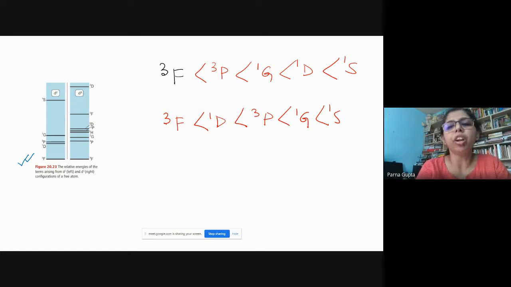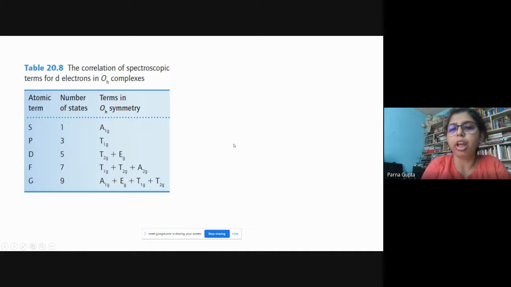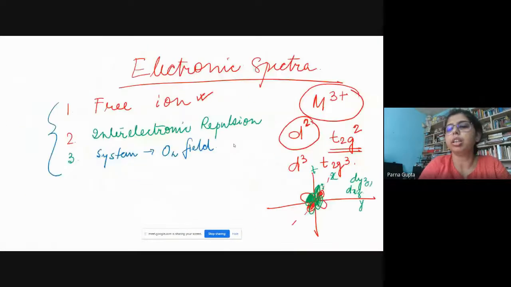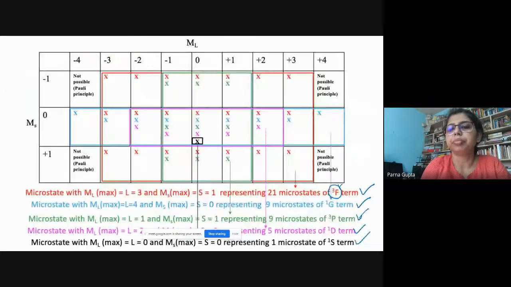See, you may not get it in a book, and I am just trying to explain it. So I told you that if you have this repulsion, actually this term changes.